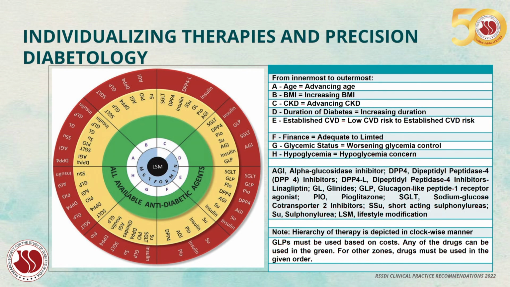And there, if you look at the aging as the major consideration, the first preference would be a DPP-4 inhibitor here. So if you analyze every patient based on this wheel, you are generally able to arrive at a good decision as far as the management of diabetes is concerned.